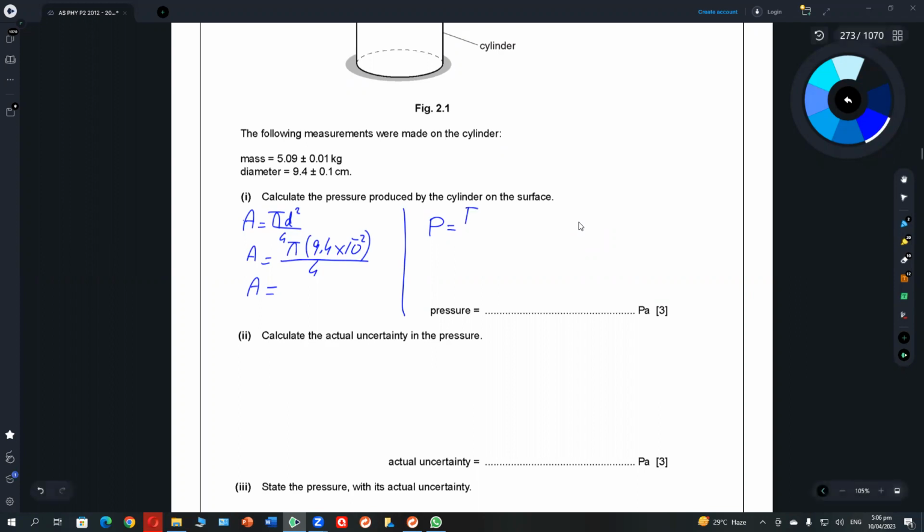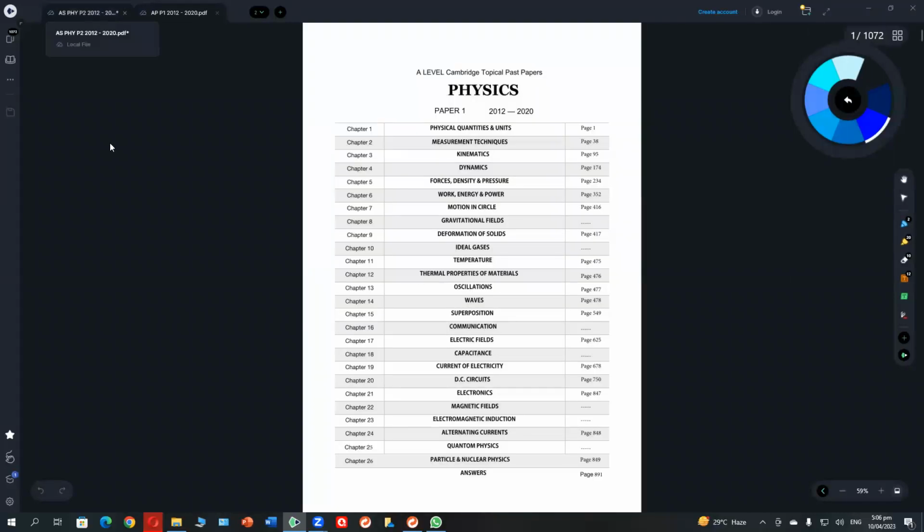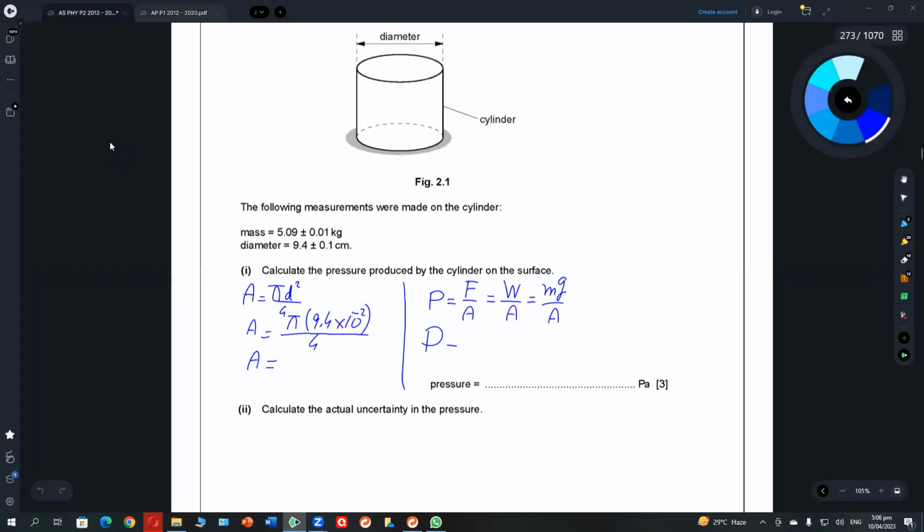Should we take it as weight? Did you get the area?